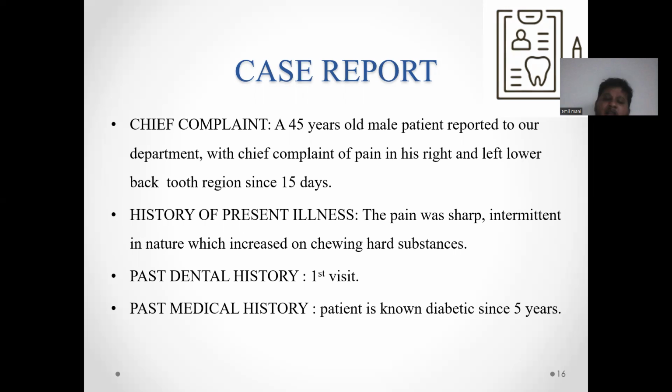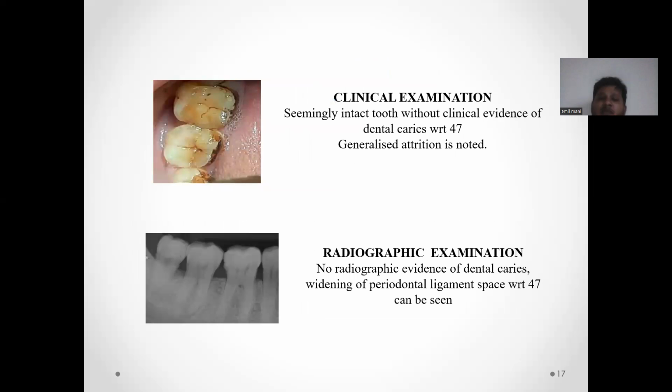If you check the medical history, patient is non-diabetic for past 5 years. On clinical examination, the tooth was seemingly intact without clinical evidence of dental caries with respect to 47. Generalized attrition was noted. On radiographic examination, no radiographic evidence of dental caries. Widening of periodontal space with respect to 47 can be seen.